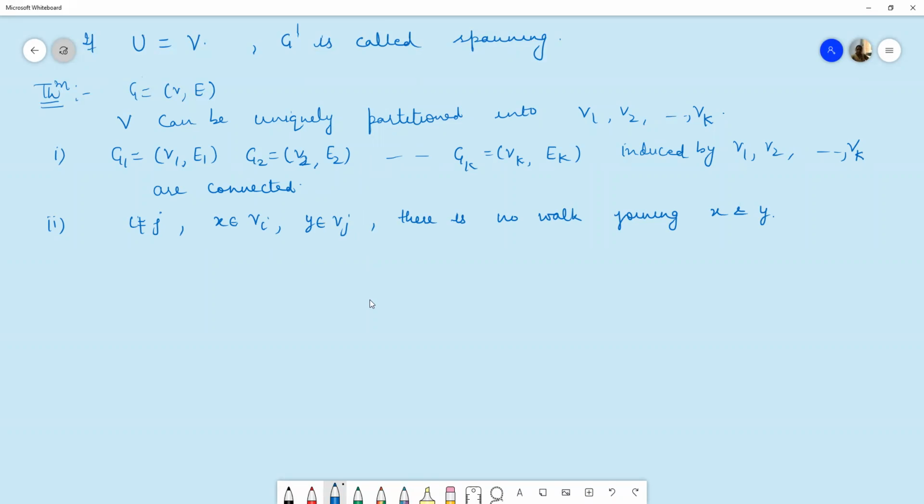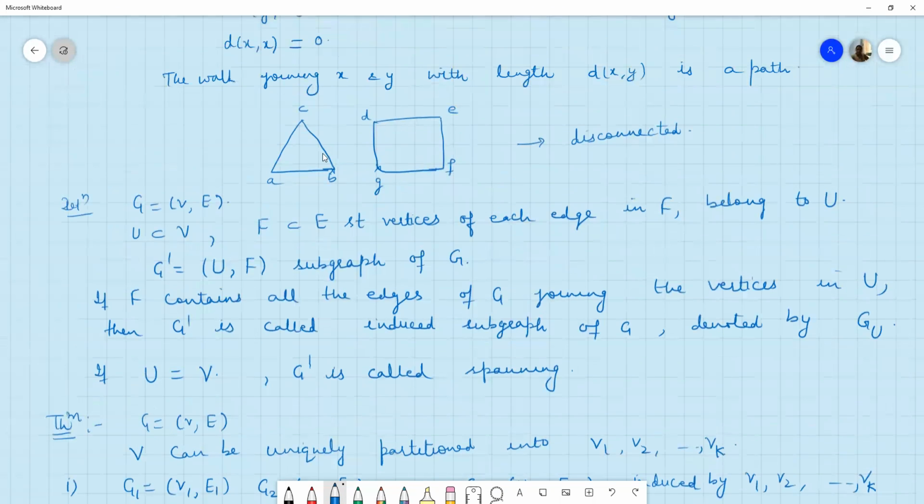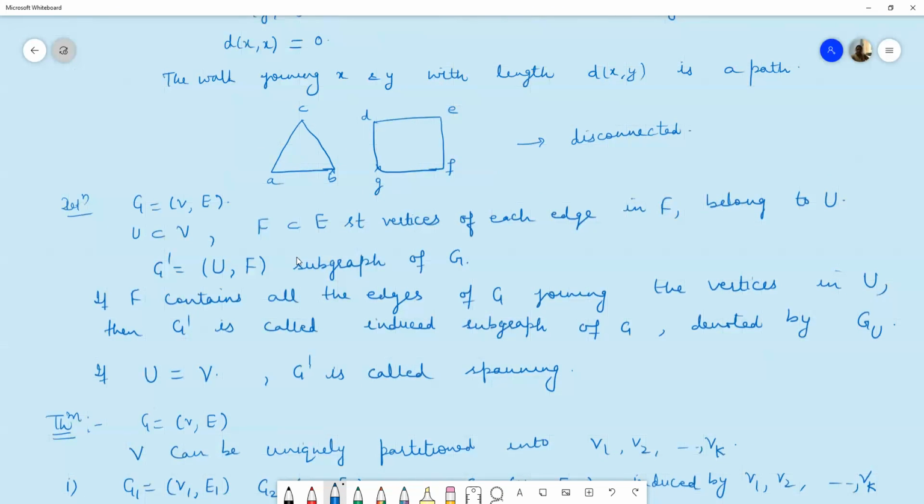For example, here in this graph we have 7 vertices, and we can partition this graph into 2 different graphs. One is this graph, which contains these 3 edges and the 3 points A, B, C, and the other is this graph which contains 4 vertices D, E, F, G and these 4 edges. So these two are induced graphs. So we can partition the set V into two induced subgraphs such that both are connected.